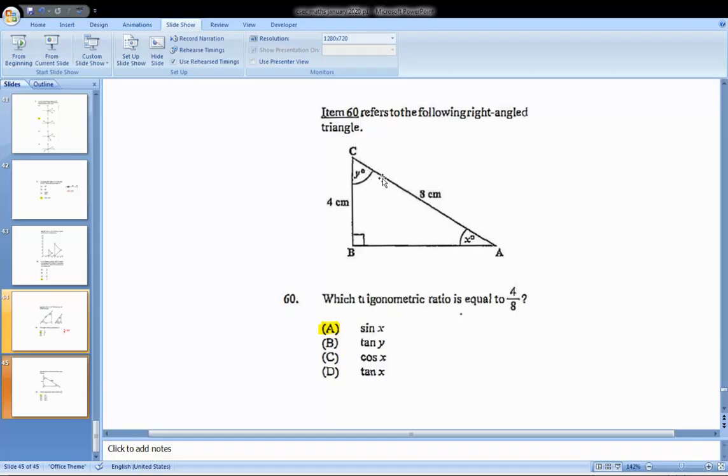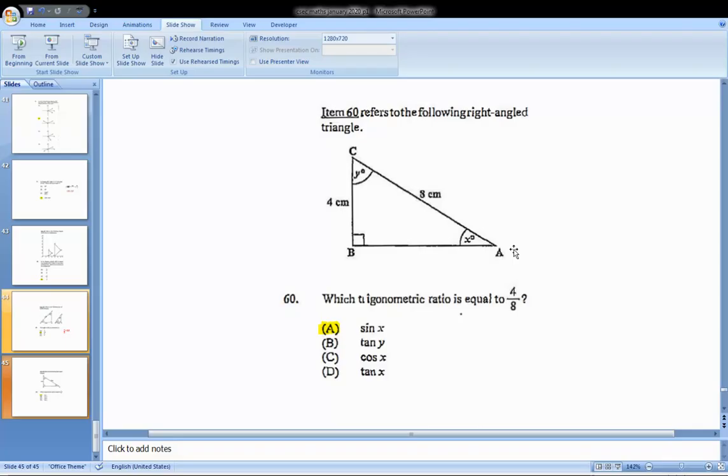So right away we realize that it is opposite over the hypotenuse. Opposite here is BC and the hypotenuse AC here is 8 centimeters. So the trigonometric ratio that gives us opposite over hypotenuse, we know that would be sine. So our answer would be A, sine x.